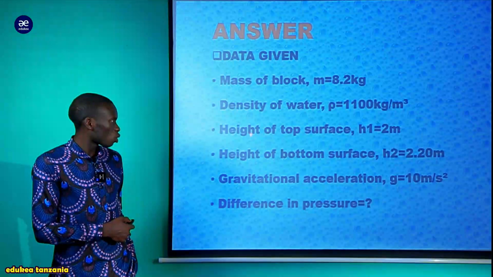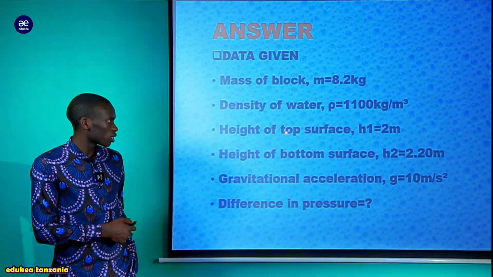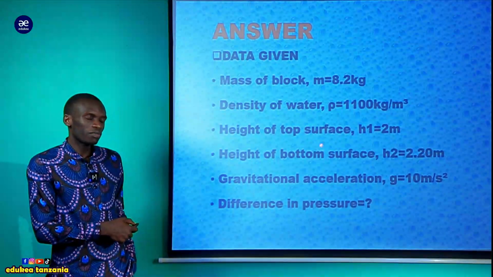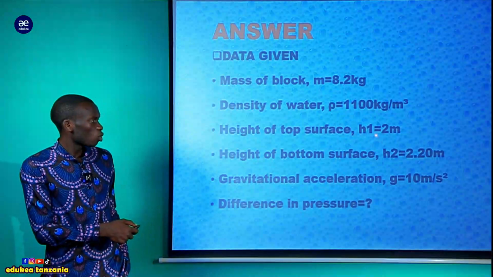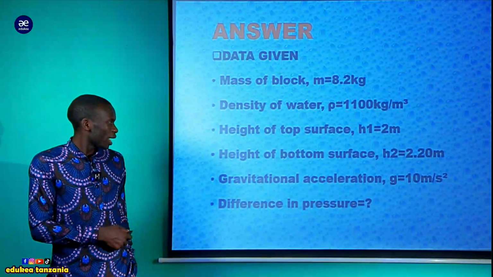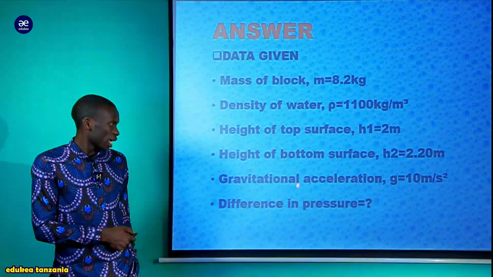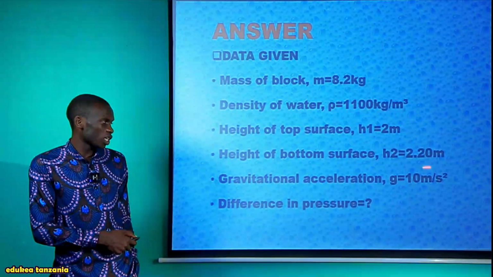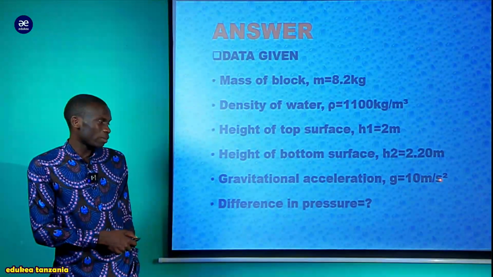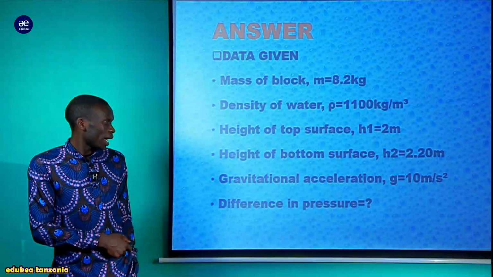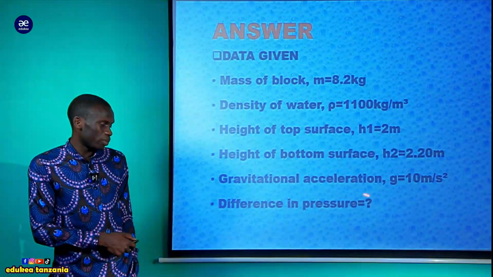We have been given also the height of the top surface. The top surface of the block is at 2 meter, and the bottom surface is at 2.2 meter. Gravitational acceleration is known, it is constant, g is 10 meter per second squared. Required: difference in pressure.